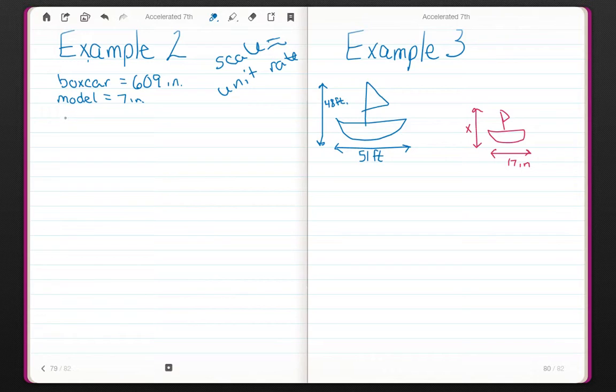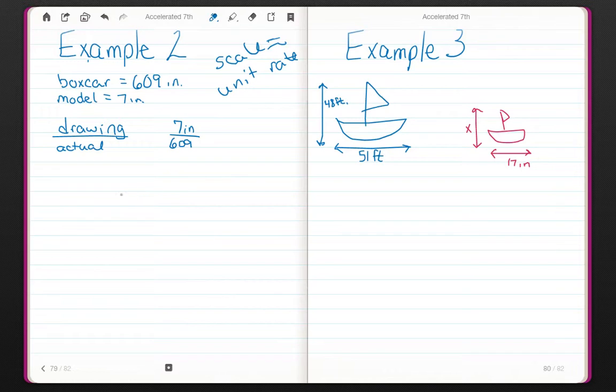So here I'm going to have my drawing over my actual. So 7 inches over 609 inches. But I want to know, what does 1 inch equal?